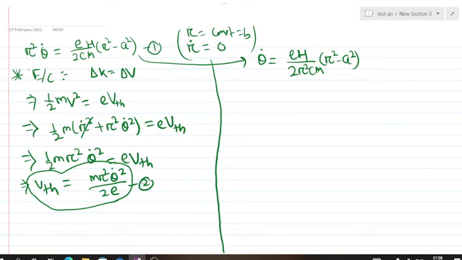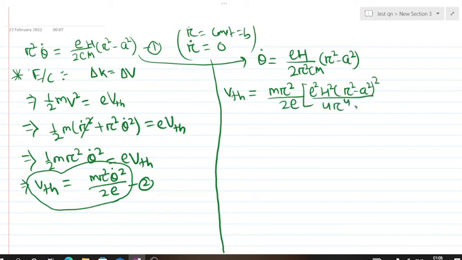Put it in equation 2. That is, V threshold will be m r square theta dot square divided by 2e, where theta dot square will be e square H square r square minus a square whole square divided by 4 c square m square r to the power 4.